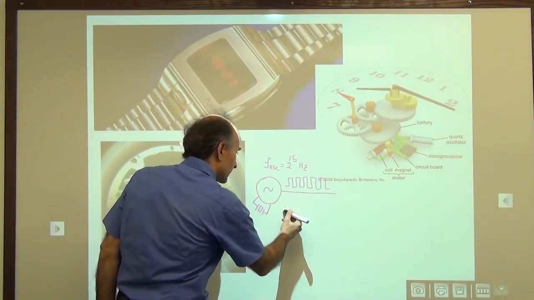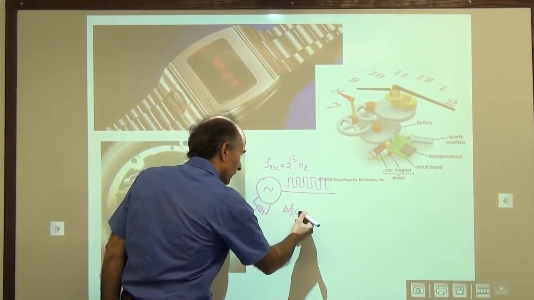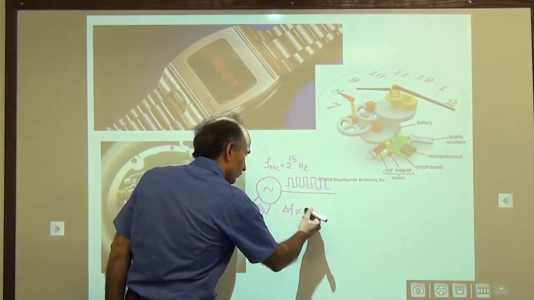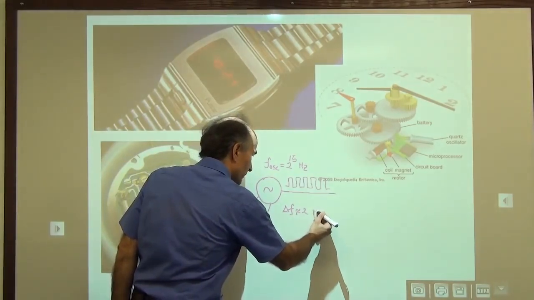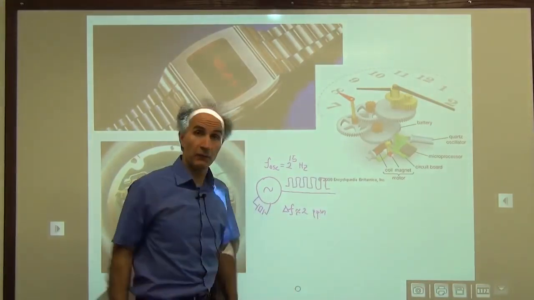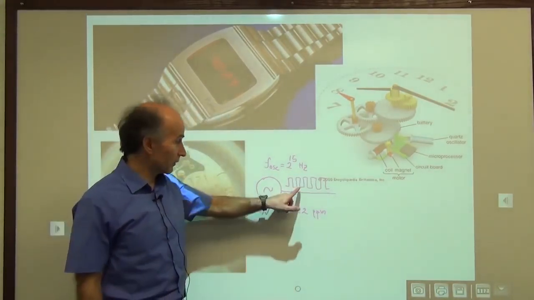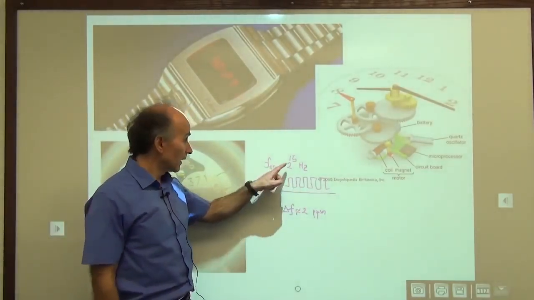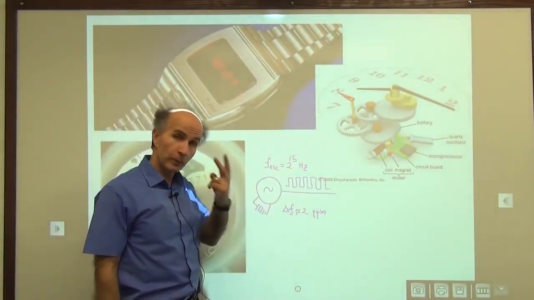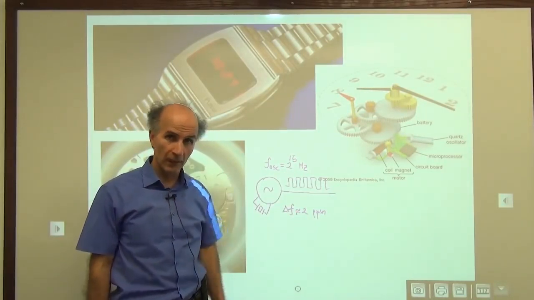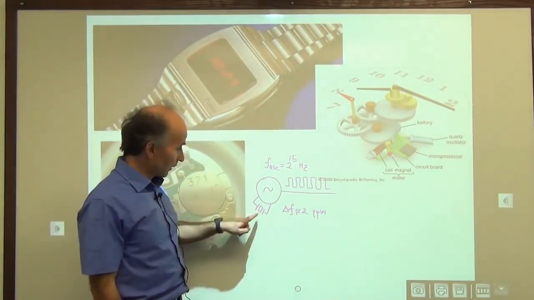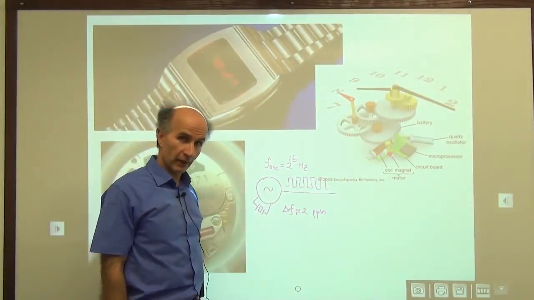So the accuracy, delta F, is about 2 ppm. So it has to be a very precise oscillation frequency, plus minus 2 over 1 million. And that's why we need a crystal to define that oscillation frequency.